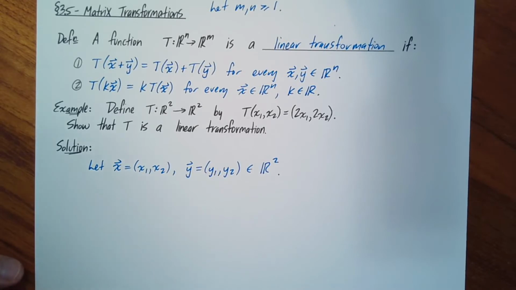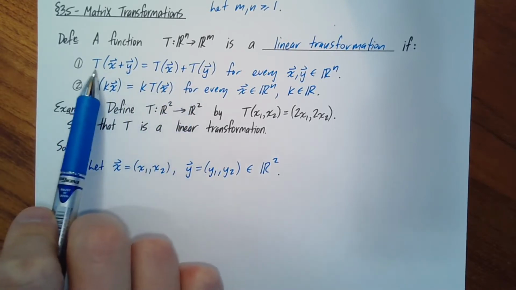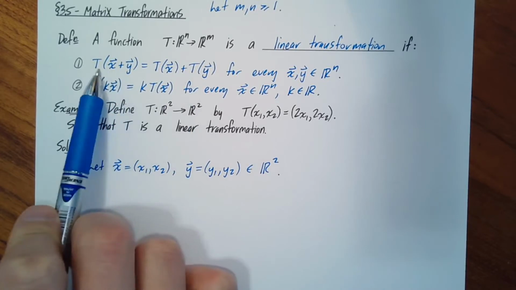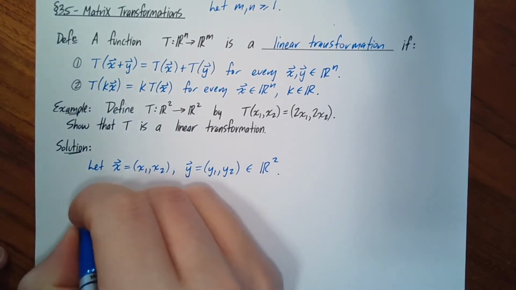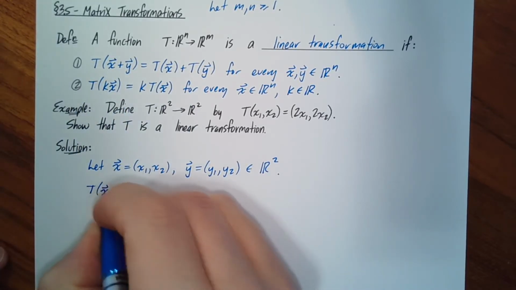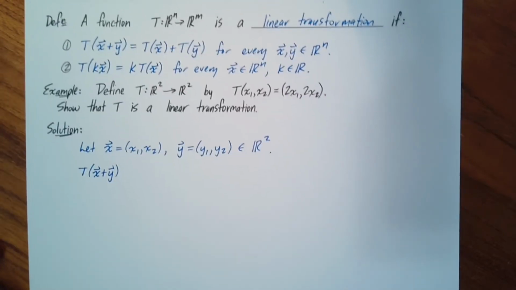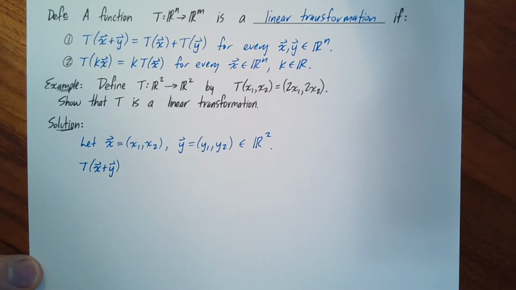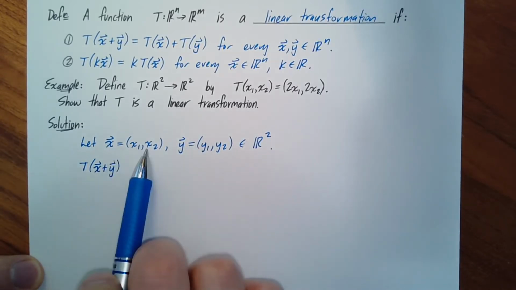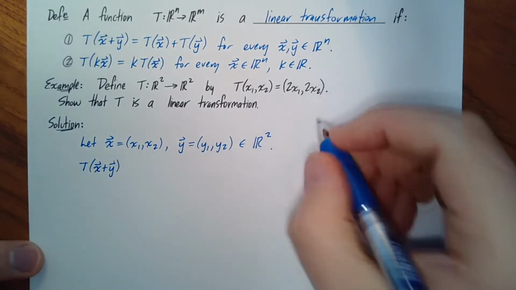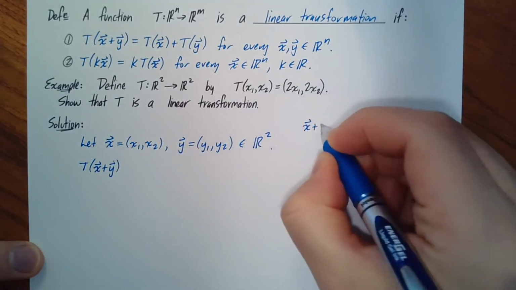Okay, well, now how are we going to verify this equation? We're going to start by just looking at the left-hand side of the equation. So let's start with t of x plus y. Well, what's x plus y? We have coordinates for x and we have coordinates for y.